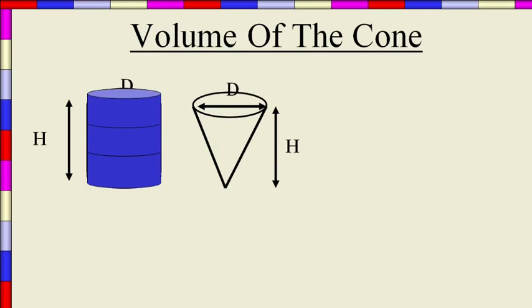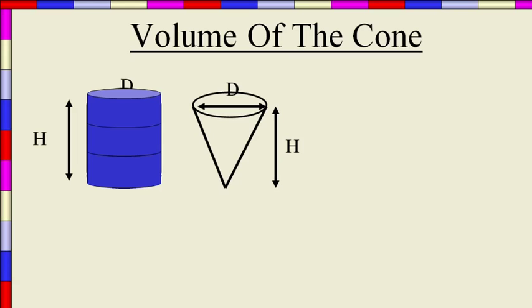So as you can see, we use a cone of the same diameter and height as the cylinder to pour some substance from this cone to the cylinder, and we repeated this process thrice to completely fill the cylinder.